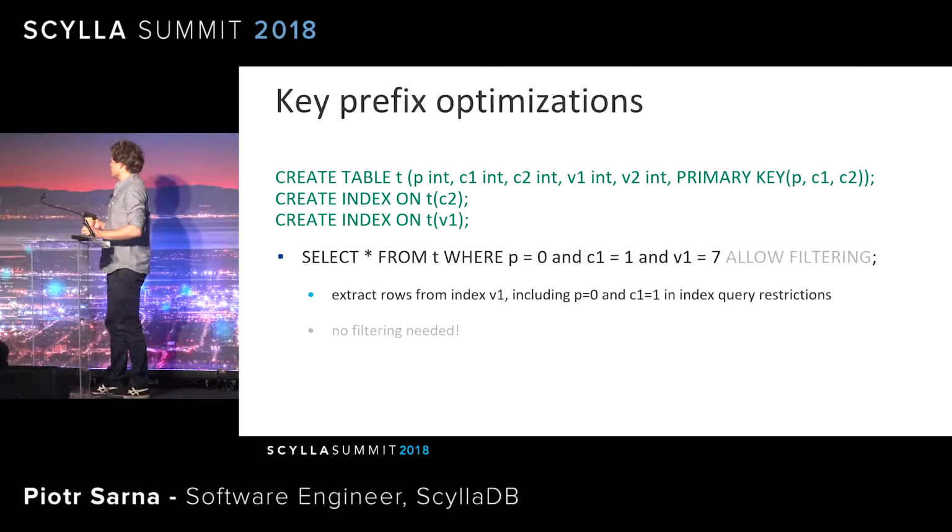But in this case, we can do a very nice thing because there's actually nothing to be filtered. That is because we can incorporate our prefix restrictions into the index query, into the first query. So it already fetches only the base primary keys that match all the restrictions, and then no filtering is needed because all restrictions were covered already. And with this kind of query, we don't even need to type ALLOW FILTERING, because there's no filtering, there's no performance unpredictability. Everything's fine.